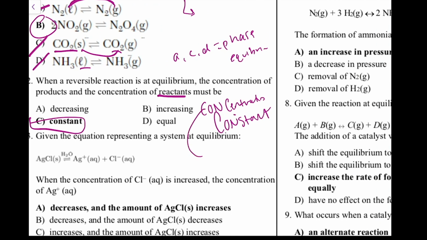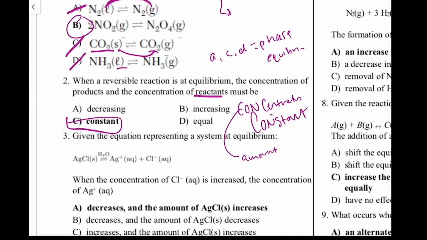Concentration just means amount of stuff. With equilibrium, there are two things you need to know: concentrations are constant, and the rates are equal. The rate is talking about how fast something is going. Concentrations are showing the amount. So concentrations are always constant.